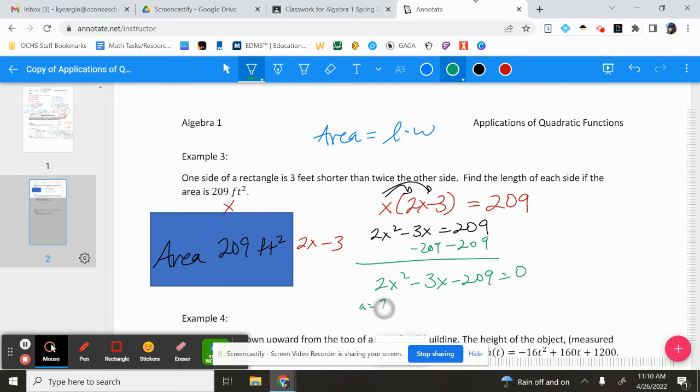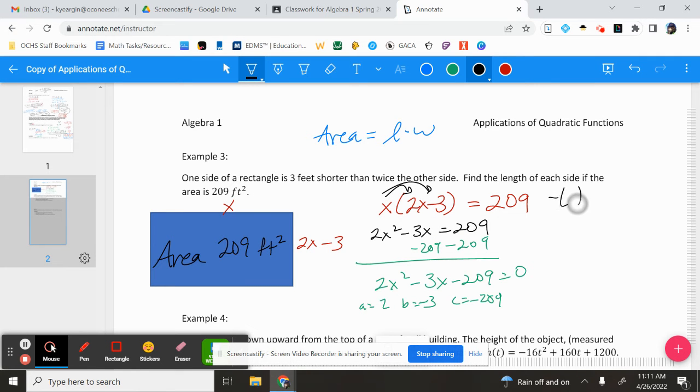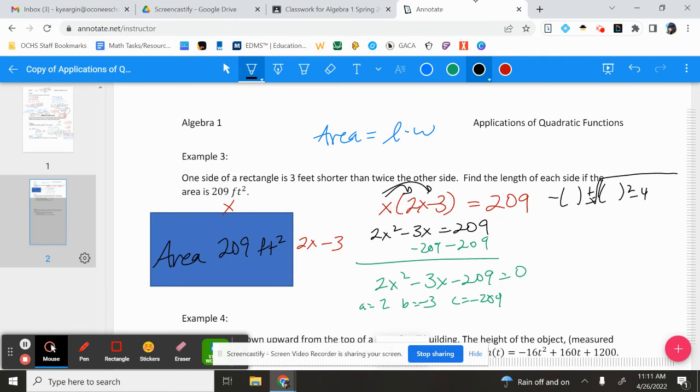Then I know that my a is 2, my b is negative 3, and my c is negative 209. Plug it into the quadratic formula. So negative b plus or minus the square root of b squared minus 4 times a times c all over 2 times a.